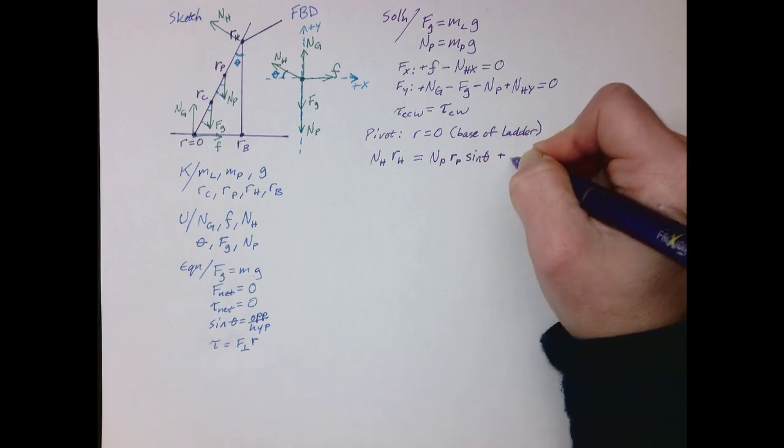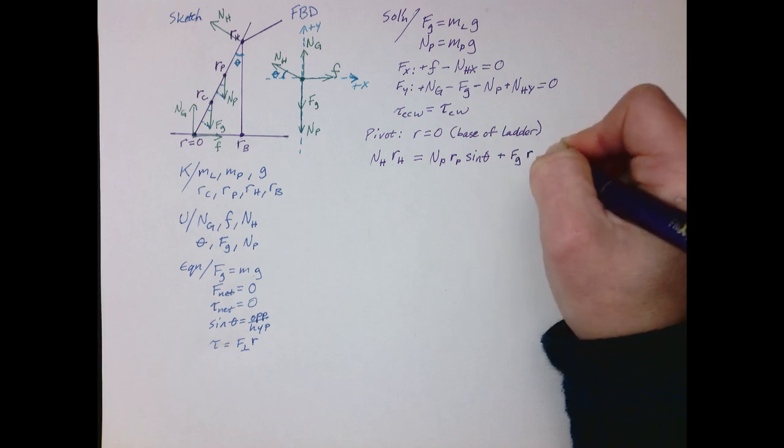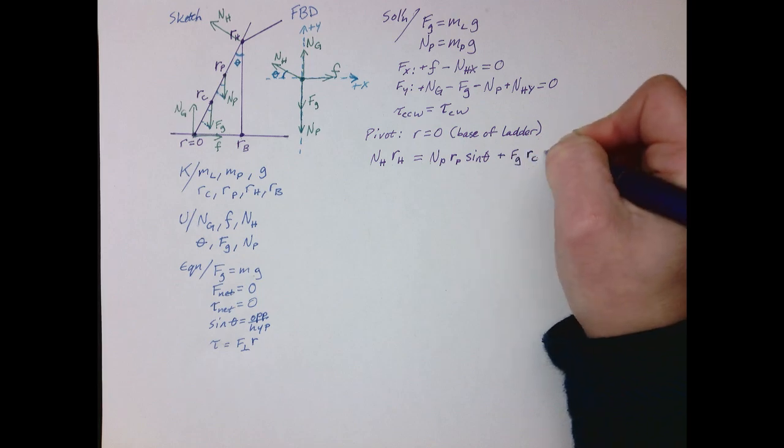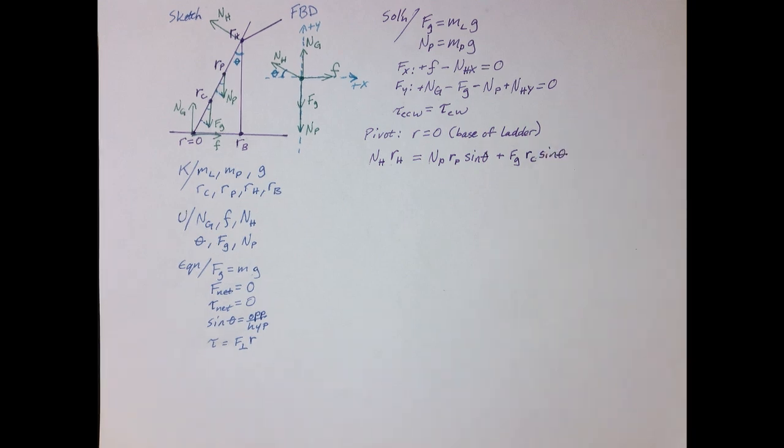And we also have F sub g times r sub c times sine of theta. Now you should have all of the pieces that you need to solve the rest of this problem. Go ahead and give it a try.